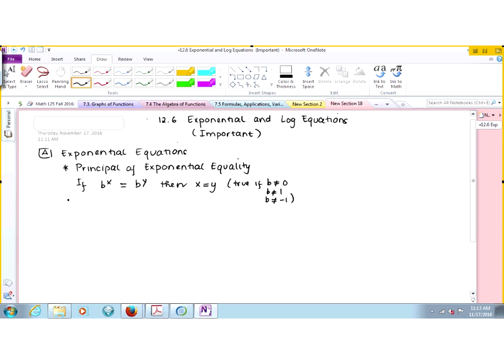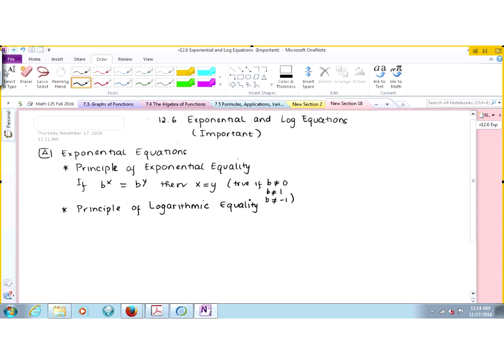Now, how do we use this? And also there is a principle of log equality. Oh, I wrote the principle wrong. It's not the one we saw in high school, right? The principle of logarithmic equality.